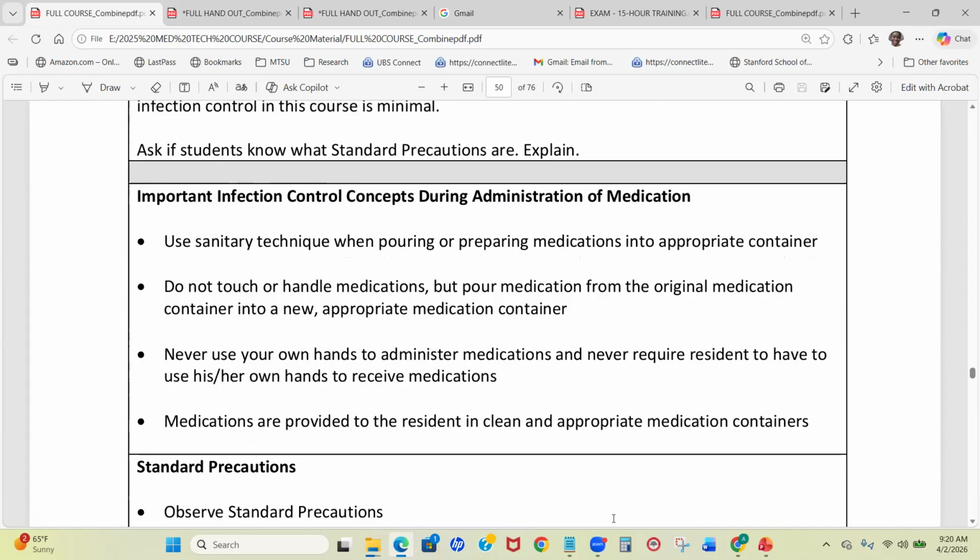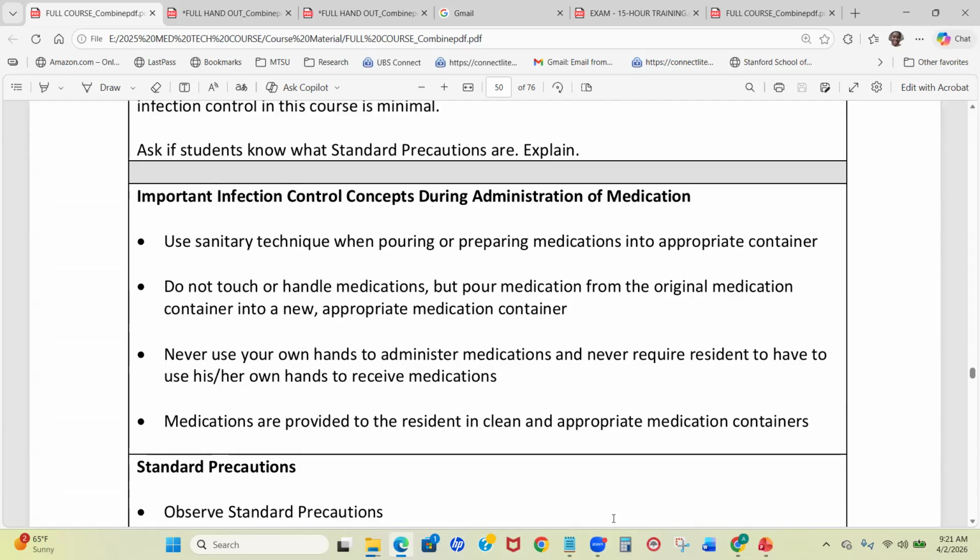You need to understand this information. When you want to do medication administration, there is an important infection control concept you need to understand. You need to use sanitary technique when pouring and preparing medication into the appropriate container. You do not touch or handle medication with your bare hands.